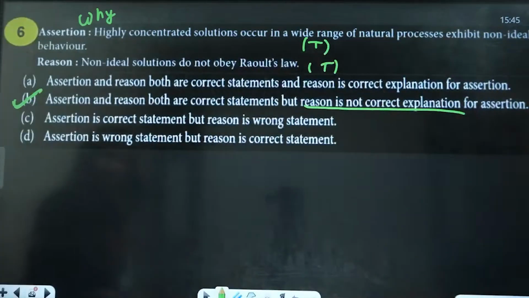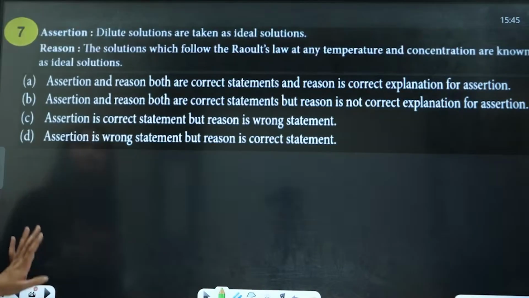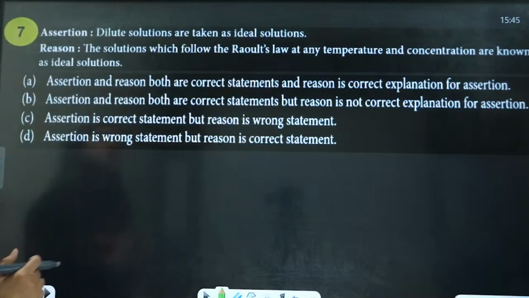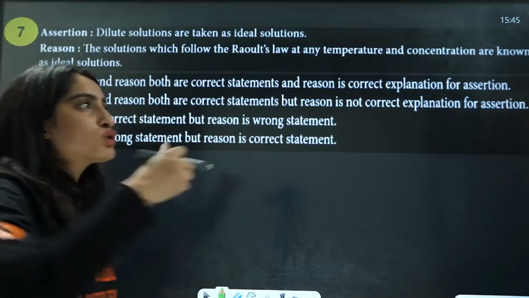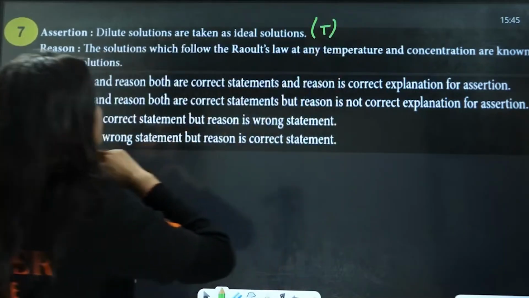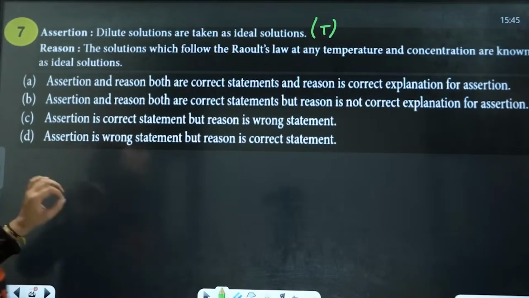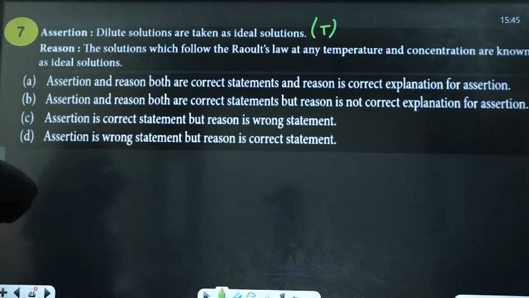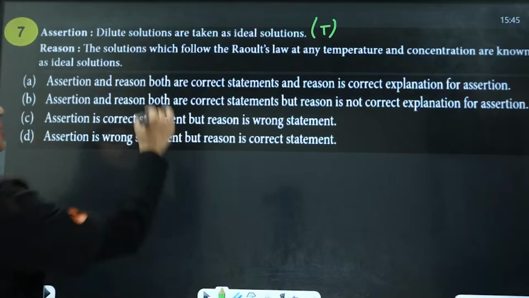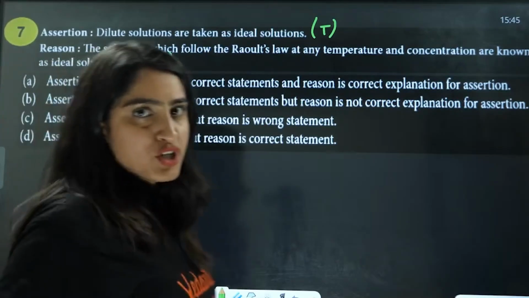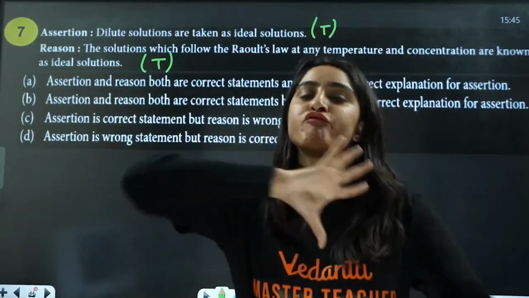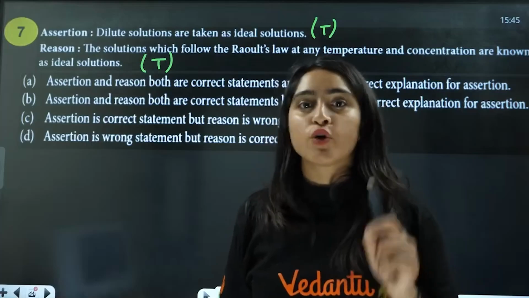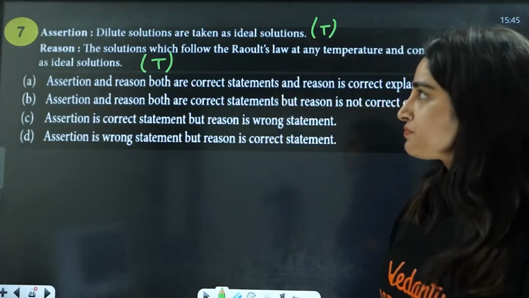Yes? Perfect. Next we have, dilute solutions are taken as ideal solutions. Yes, when we dilute the solution so much, then we take it as an ideal solution. The solution which follows Raoult's law at any temperature and concentration is known as an ideal solution. At any wide range of temperature and concentration, we say it is following Raoult's law, we say it is an ideal solution.